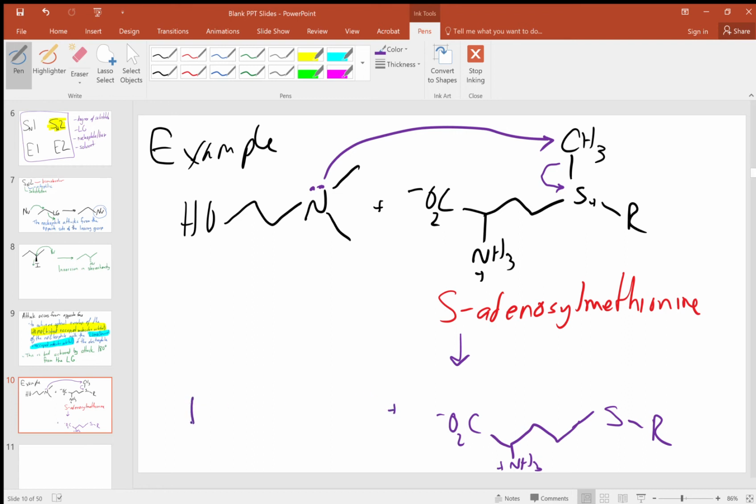But the primary product and what makes this reaction important is that we've added another methyl group to our starting material and made choline. And choline is used primarily in the synthesis of phospholipids for cell membranes. So SN2 reactions are pretty important. This is just one example.